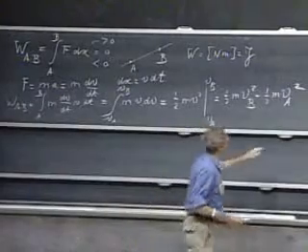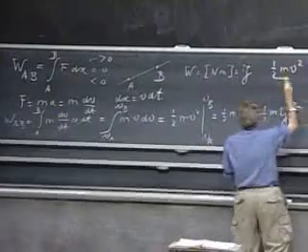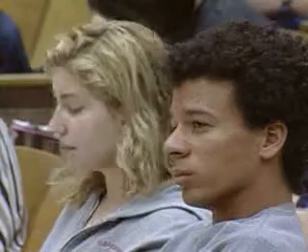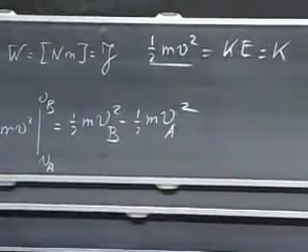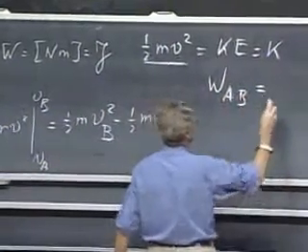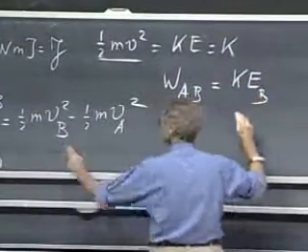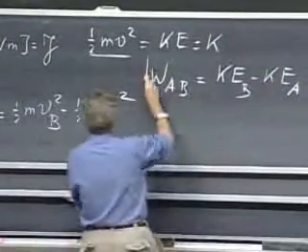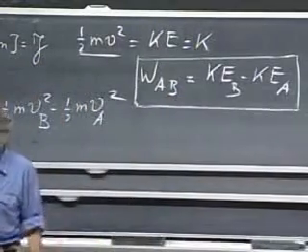1/2 m v squared is what we call in physics kinetic energy. Sometimes we write just a K for that. It's the energy of motion. And so the work that is done when a force moves from A to B is the kinetic energy in point B, you see that here, minus the kinetic energy in point A, and this is called the work energy theorem.